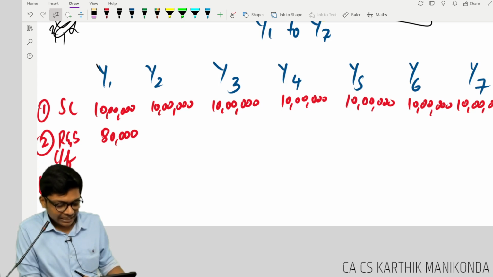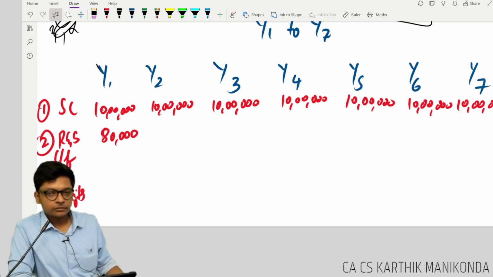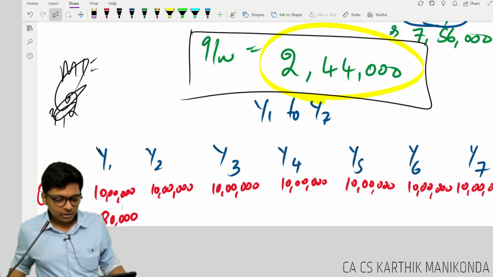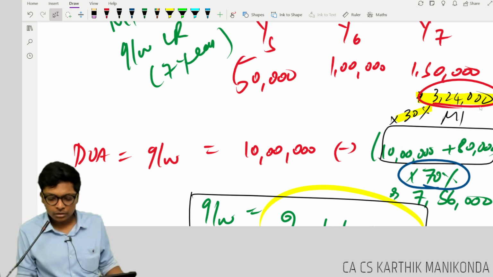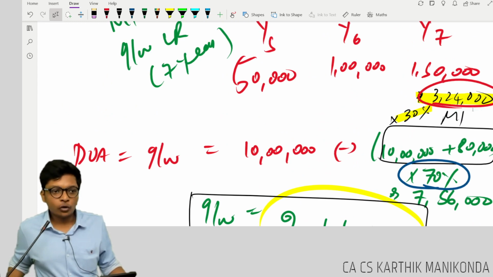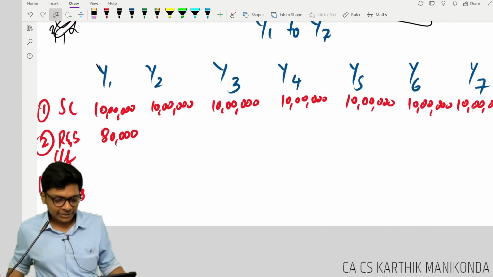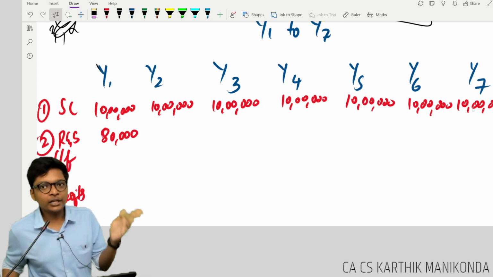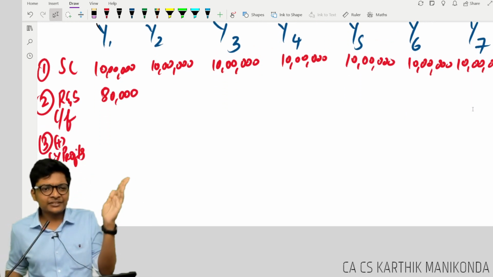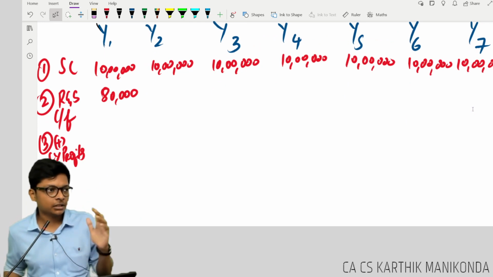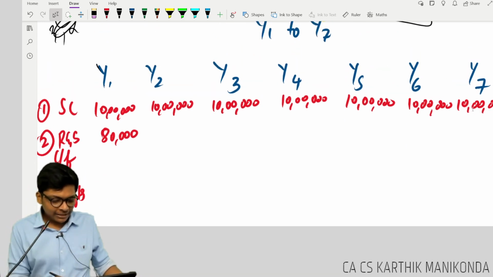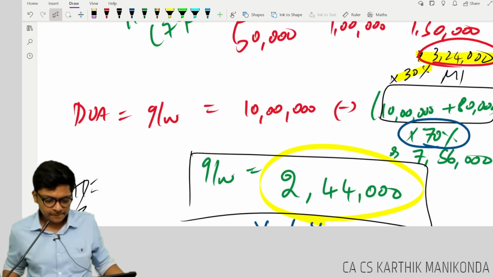Then add current year profits. Correct? See, we already computed minority interest as 3,24,000. That is for year 0. This is for year 1 to year 7. You replace this with the year. I think they gave 31st March of some years. We will write those years. Current year, first year, how much, guys?